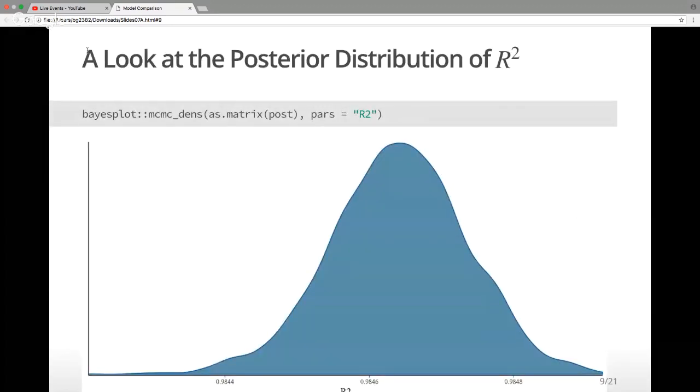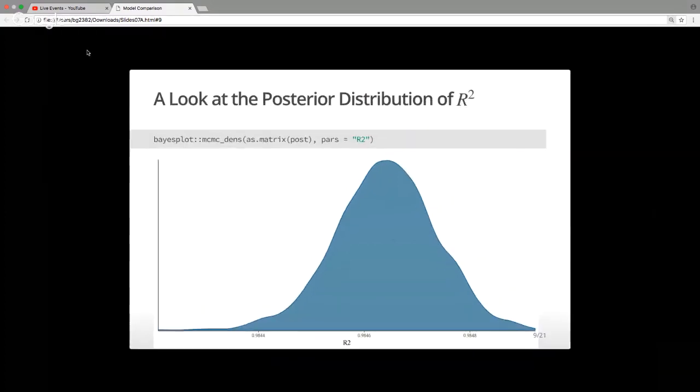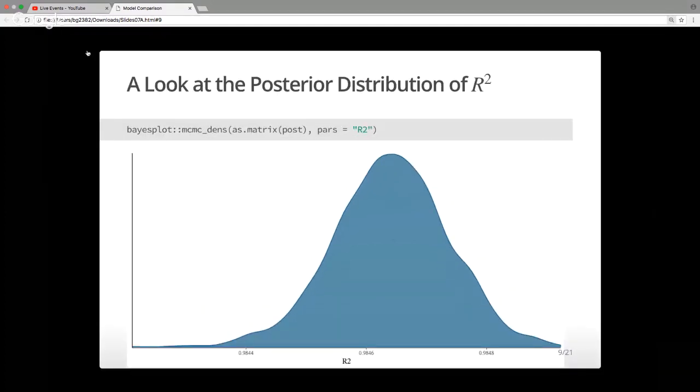So one of the things that we might want to do is look at the posterior distribution of R squared. And you can see the posterior distribution is, one, very concentrated because we have so many observations, and two, centered around about 0.985 or so. So that certainly went up relative to the prior that I used, which might seem a little bit surprising to you.